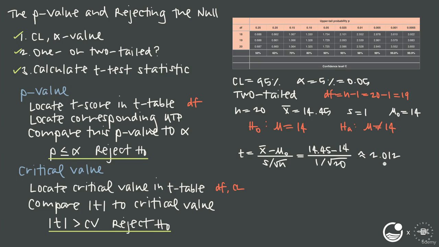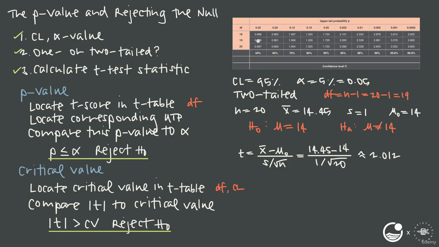Once we have our test statistic, we locate this test statistic in our t-table, and we do that based on degrees of freedom. So in this case, with a sample size of 20, degrees of freedom is 20 minus 1, or 19. So we go to the row where we find 19 degrees of freedom, and then we start moving our way across the row looking for 2.012.